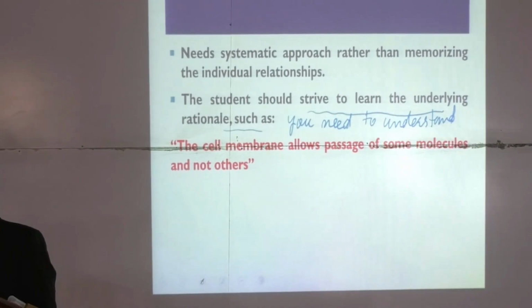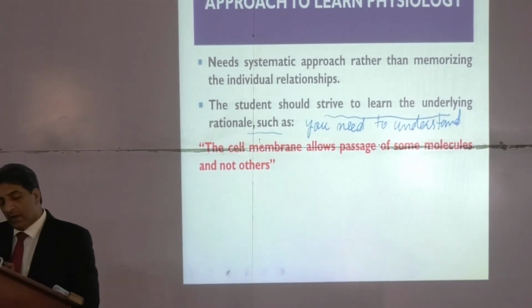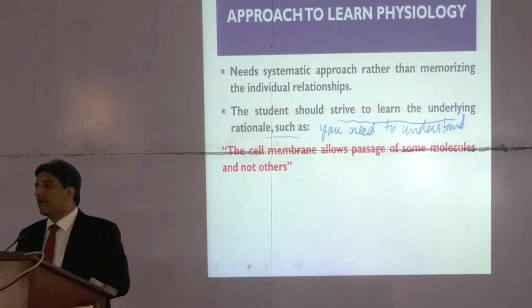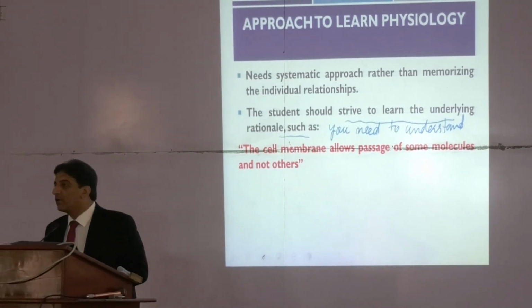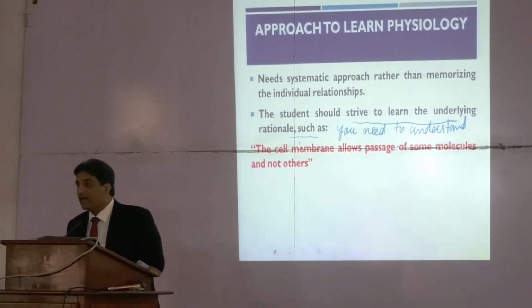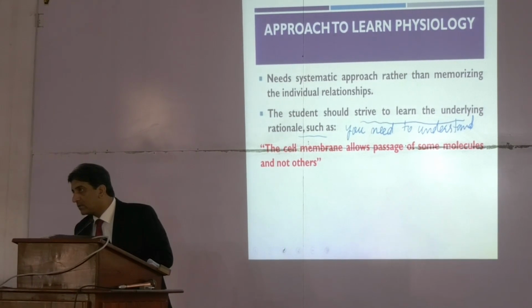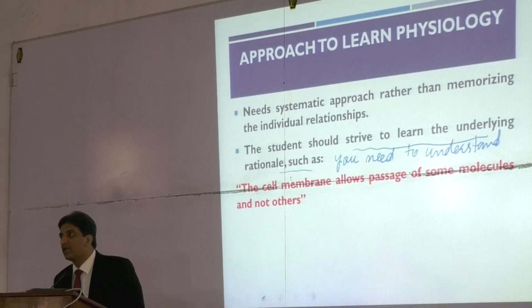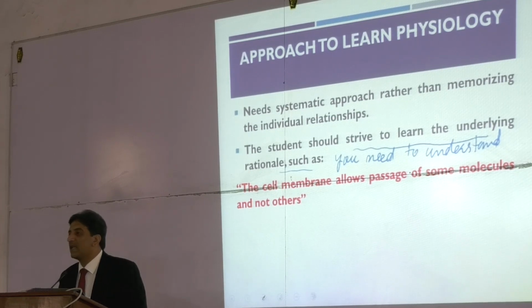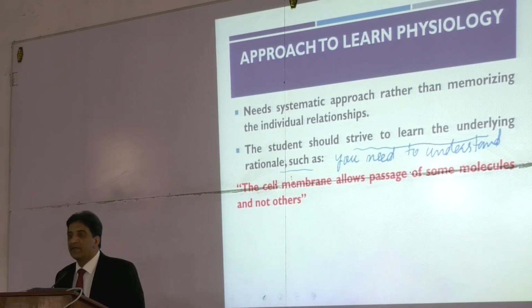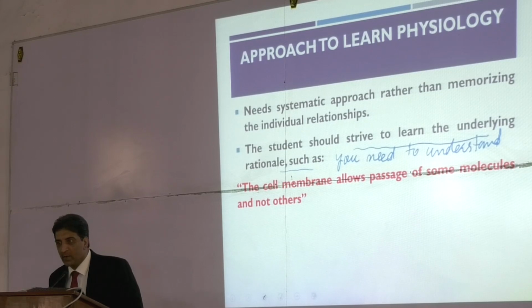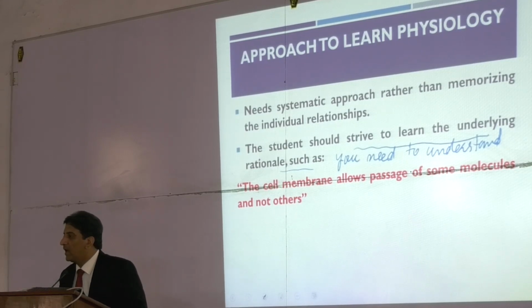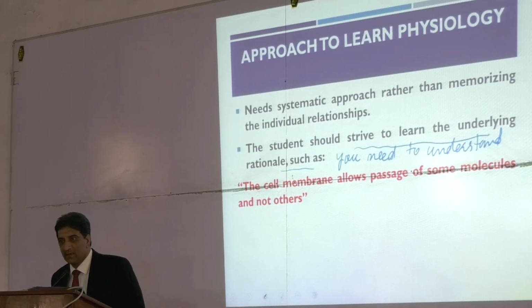not to memorize. Like the cell membrane allows passage of some molecules and not others. Means the cell membrane allows movement of some molecules. The cell membranes of some cells, they allow movement of certain molecules, while they do not permit movement of other molecules.